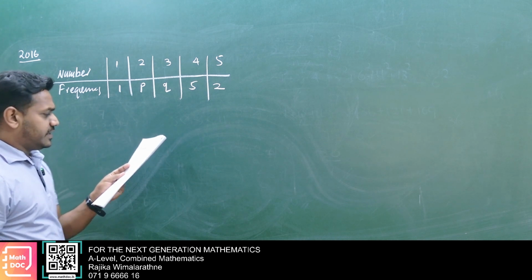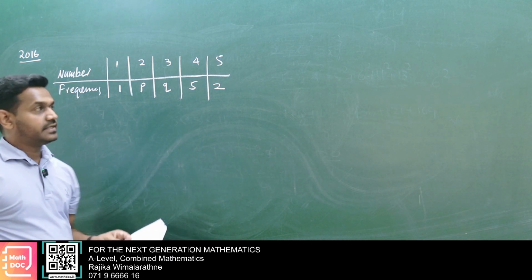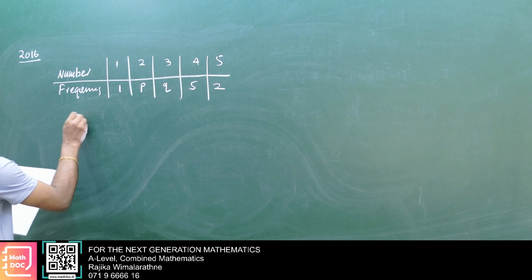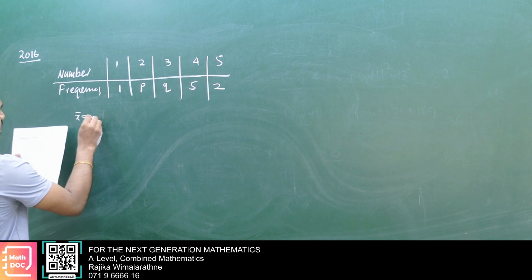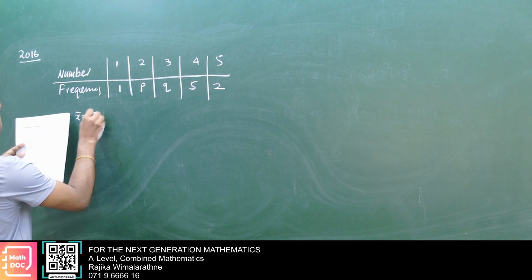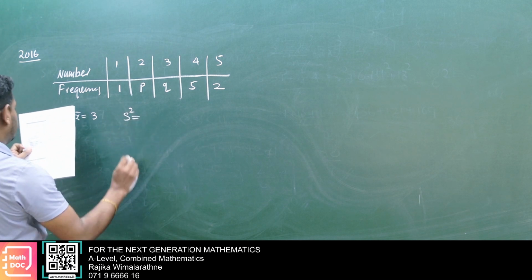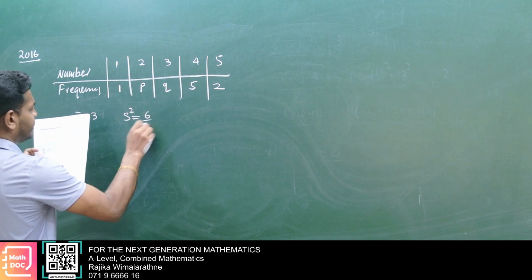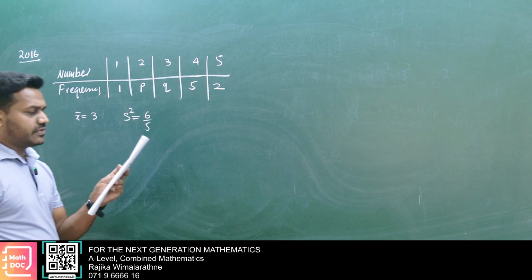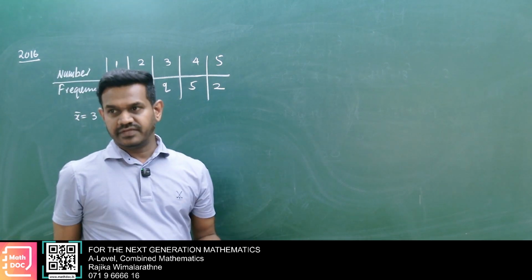The mean x bar is given as 3 and the variance is given. Find the values of P and Q.